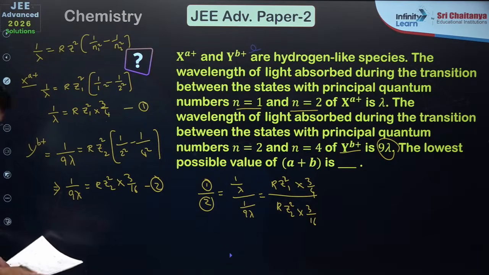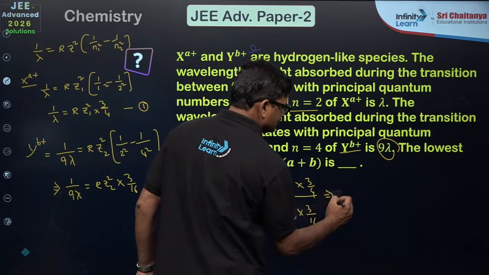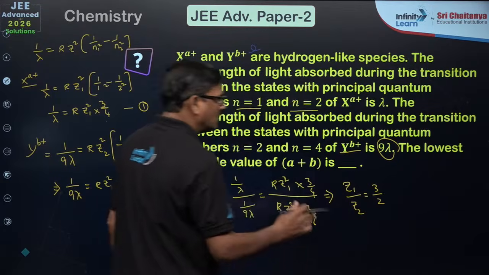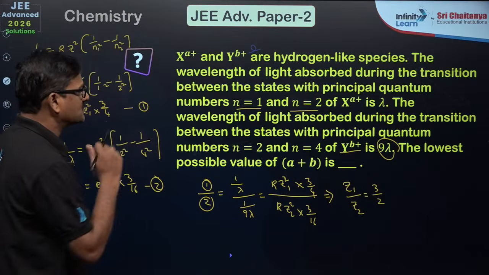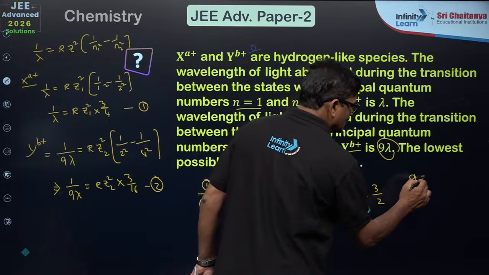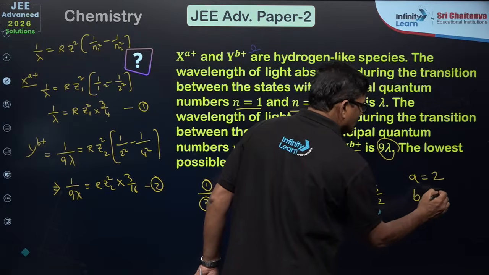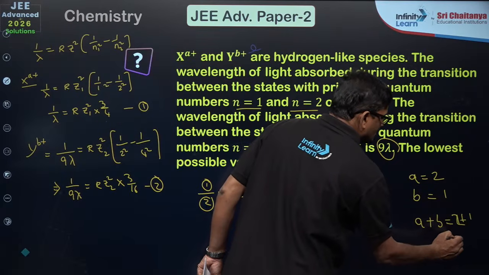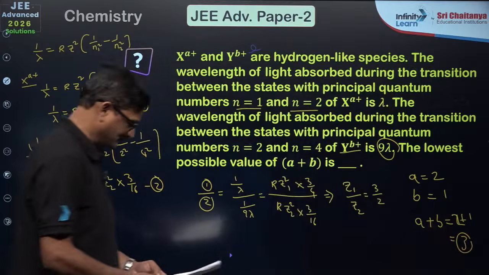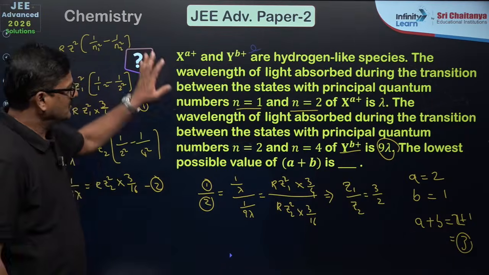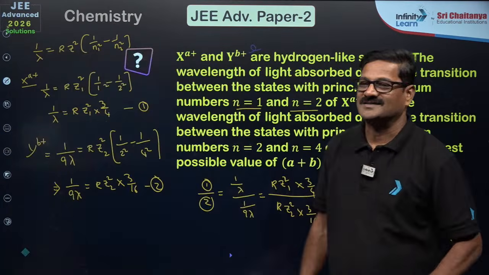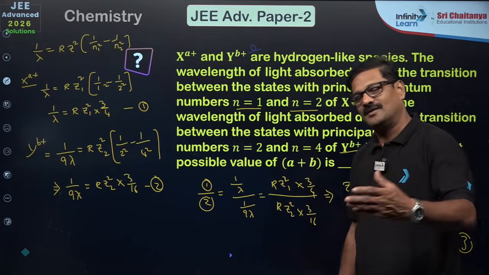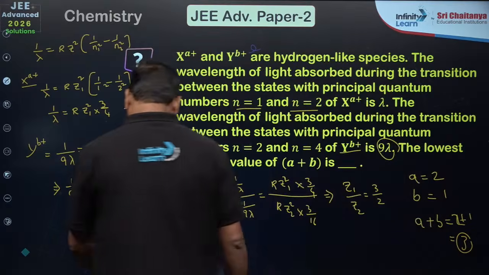So the Z1 by Z2 ratio is coming to be 3 by 2. On doing so, the lowest possible values are A equal to 2 and B equal to 1. A plus B is 2 plus 1, which is 3, the answer for this question. So simple Bohr's atomic theory, hydrogen spectrum analysis. If you have any doubts, please let us know. You might have done this kind of question in your mock test and all. So let's see the next question.